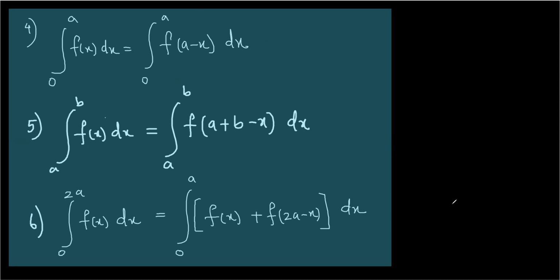So what am I supposed to prove here? The number isn't important. What is important is the proof, whatever number you give. So here I have the fourth property.